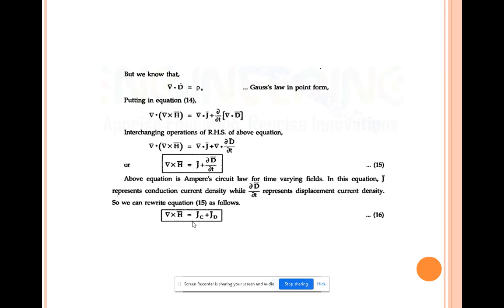Okay, this is what we are going to conclude, for the time varying field as well as the static field. In a static field, time will not vary. Note this difference between the two fields. In the time varying field, Jc plus Jd will give the curl of H. In the static field you will be having only Jc. Okay.